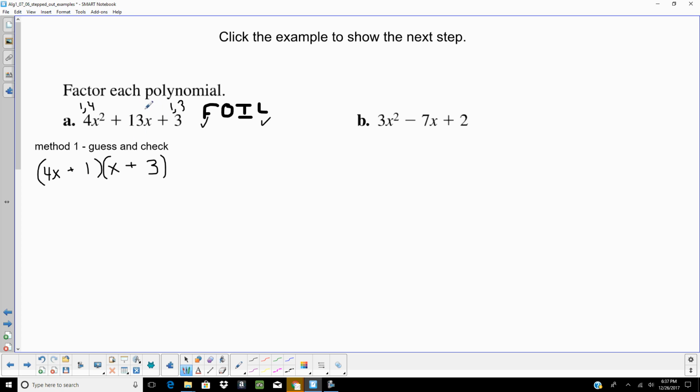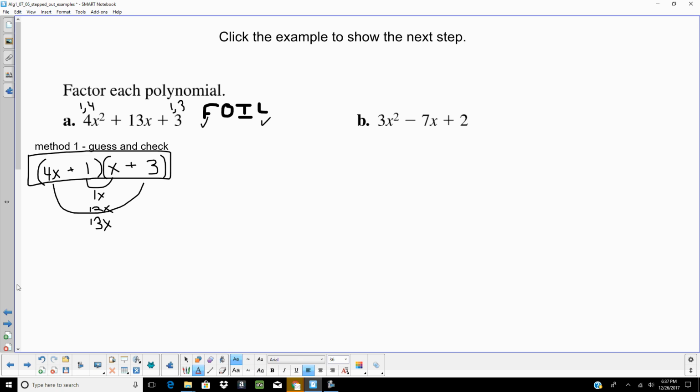And I'm looking for 13x. So 1x times x is 1x. 4x times 3 is 12x. And if you add them together, you get 13x. So that one is correct, and there is my final answer.